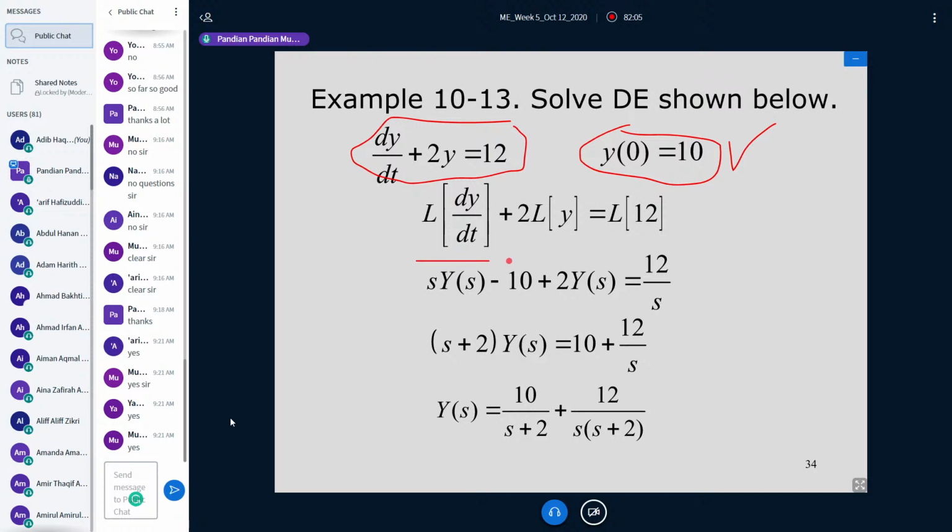So as usual, you take Laplace of dy/dt plus 2 Laplace of y equals Laplace of 12. This is step number 1. Laplace of dy/dt is sY minus y(0). Here they already substituted 10. Sometimes you can skip the steps, class.